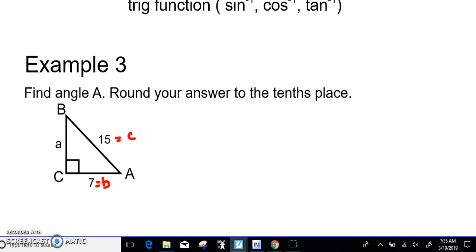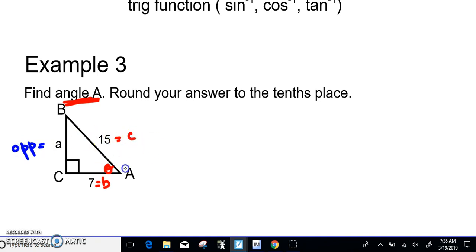All right, so first off, let's label it, because we're talking about angle A. So we're looking at this angle right here. That's what they told us. We have to label our sides using this angle. The side that's opposite of it is the one that's across, so this is opposite.